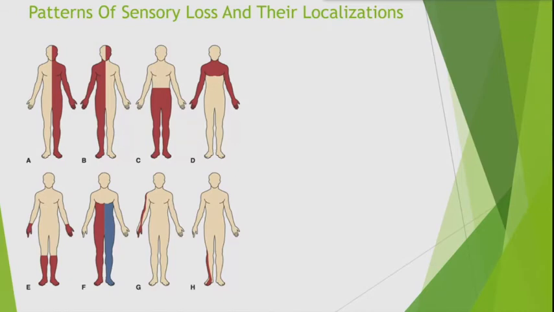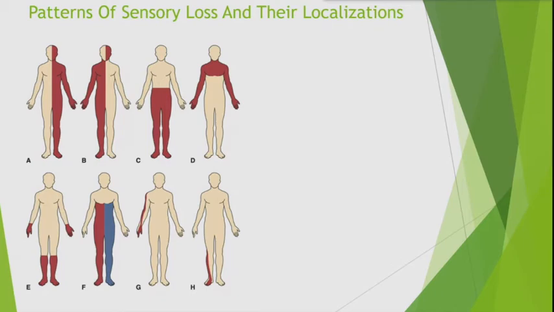To avoid such errors, you always go from the abnormal area to normal area. And this is how you have found out. Once you have found the abnormal area, it is your job to test touch, temperature, pain separately. Why do you do like that? Because both follow different pathways. So there may be dissociations.